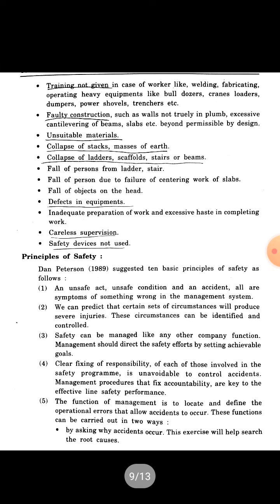behavior of the worker. Training is not given, faulty construction, unsuitable material, collapse of stacks, masses of earth, collapse of ladders, scaffolds, stairs or beams, and fall of a person from a ladder or stair, failure of centering work of slab, fall of objects on the head, defects in equipment, inadequate preparation of work, excess haste in completing, careless supervision, and safety devices not being used.